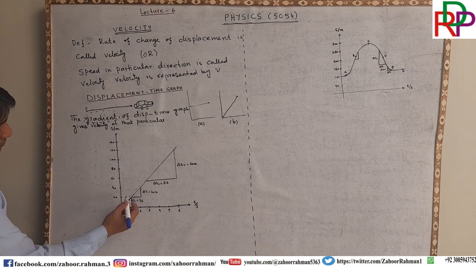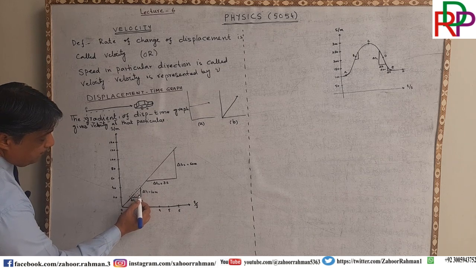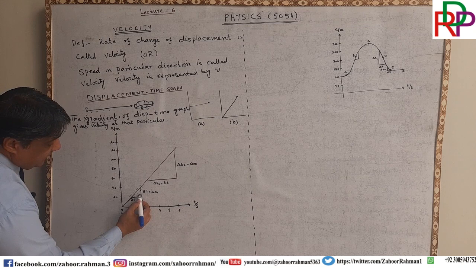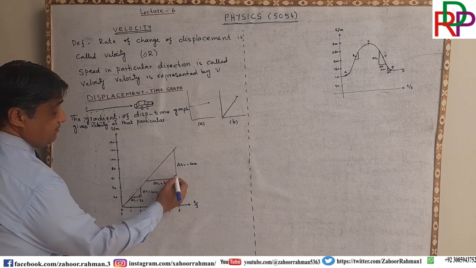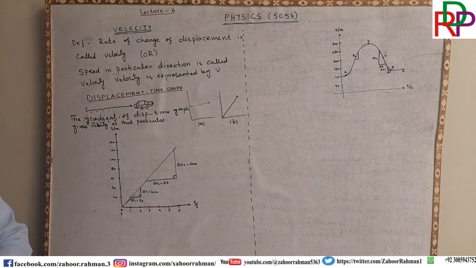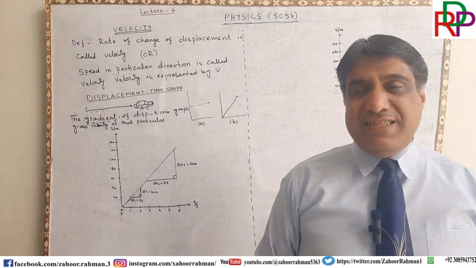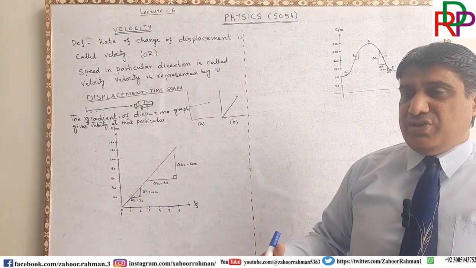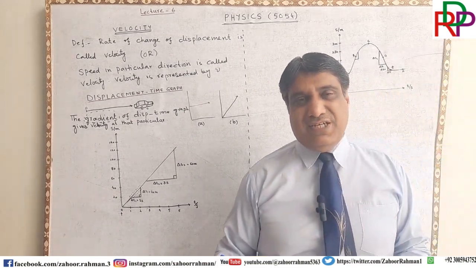So we have to draw a horizontal line and a perpendicular line which makes an angle of 90 degrees. In the mathematics course we will learn what exactly gradient is, what negative gradient is, what positive gradient is.